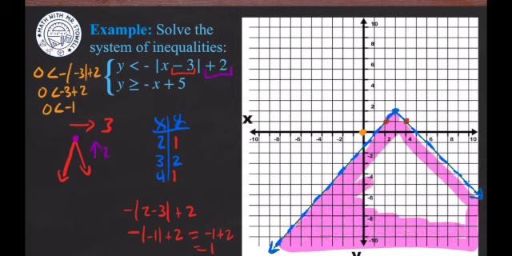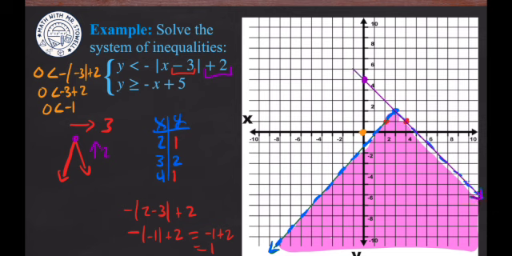So if we were solving just that one inequality, that would be the solution to it. But let's see if there's any overlap with the other one. The other one is a nice equation because it's linear. We are at plus 5, so that's a y-intercept. We have a negative slope, so we are going to be going down 1 over 1, down 1 over 1.